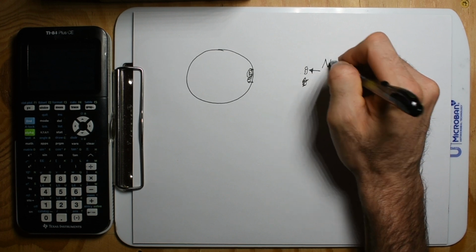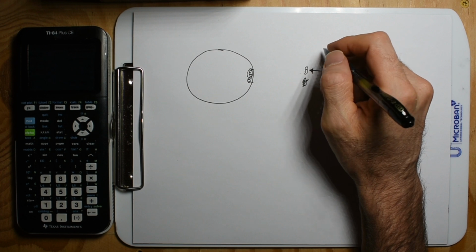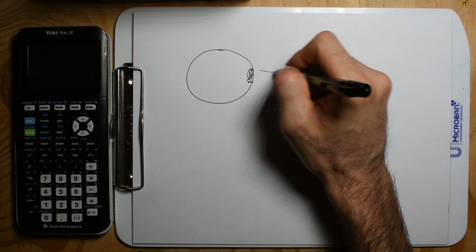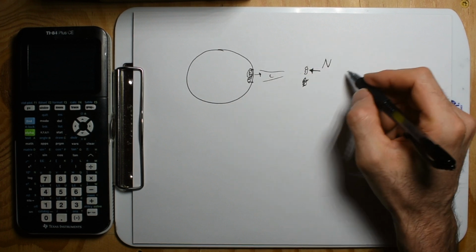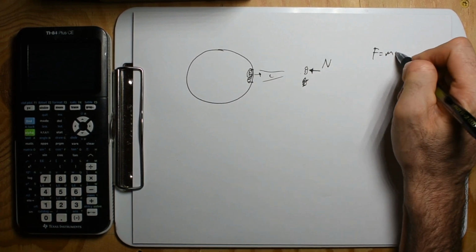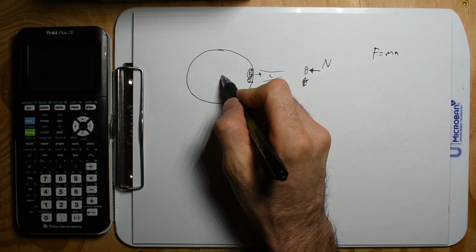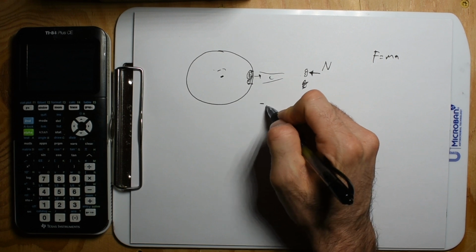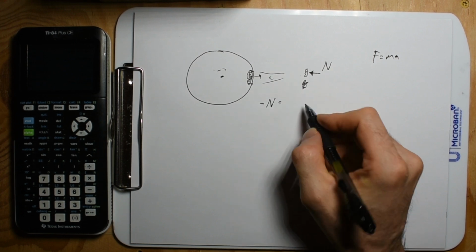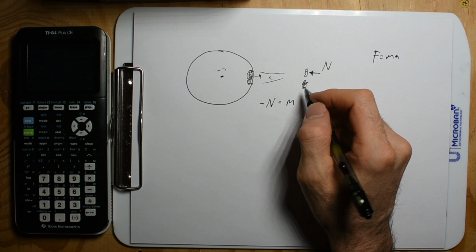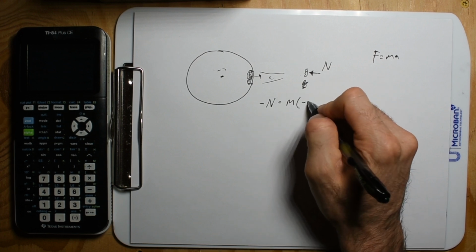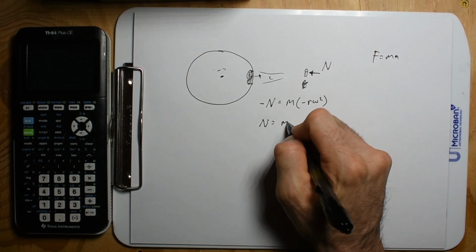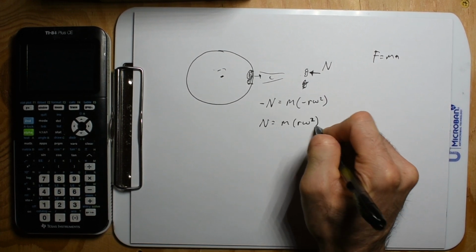Isn't that different than the direction that we chose? So in this case, F equals ma. This is the negative direction, so we have a negative normal force equal to m times negative r omega squared. And so our normal force is equal to mass times r omega squared.